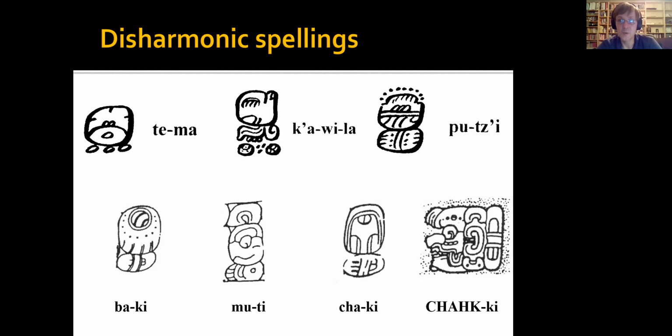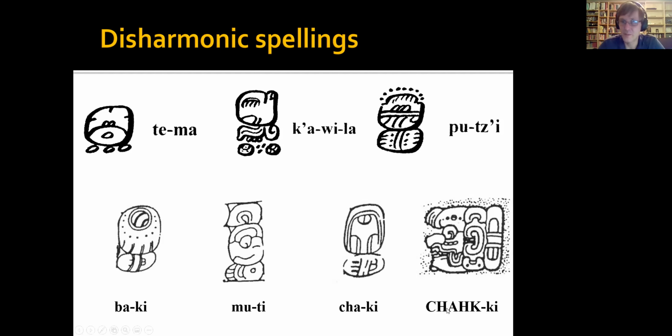Putsi stands for puts and not putsil. So the idea is that the vowel here is different in the final syllable because they want to indicate that the preceding vowel is not short, but different, long, glottalized, or perhaps with a soft H embedded into it.